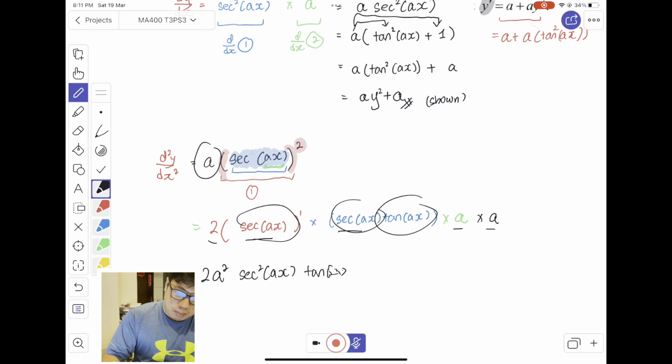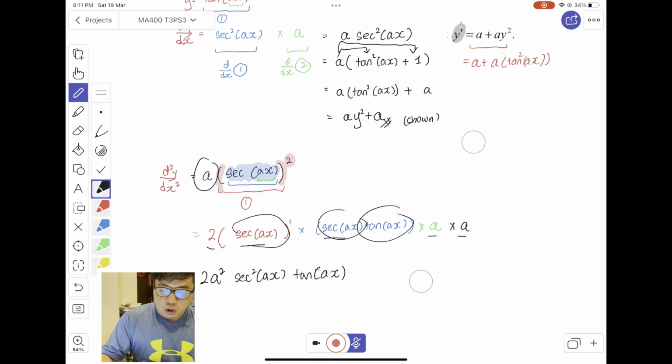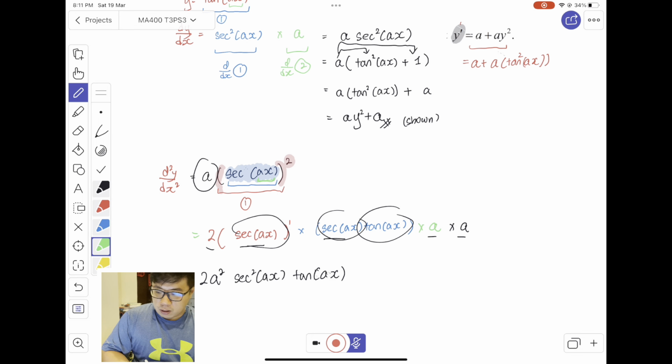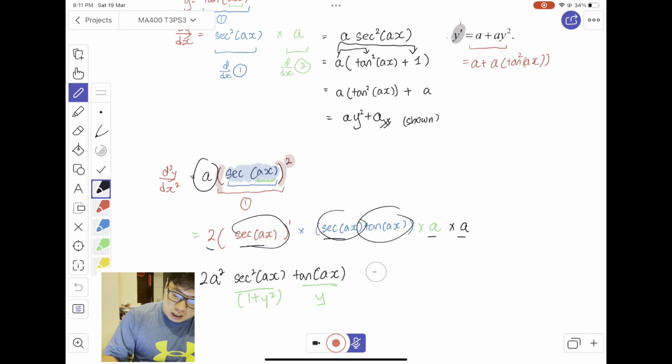You can see how by utilizing what you have from earlier, I'm able to write this purely in terms of y, because tan ax is just your y, and sec squared ax, like what we found earlier, we can write as 1 plus y squared, because this is 1 plus tan squared. So our final answer will be 2a squared, sec squared ax written as 1 plus y squared, and tan ax written as y.